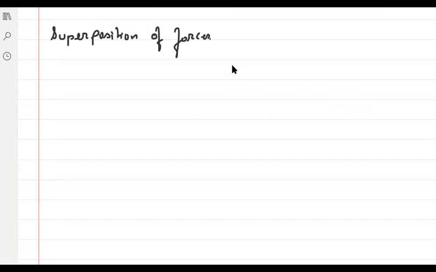That's just a fancy term for a simple term, and that simple term is addition. Did you add any forces in chapter 4? You added forces, especially as vectors. When we had different forces acting on an object, you added them to get the net force.